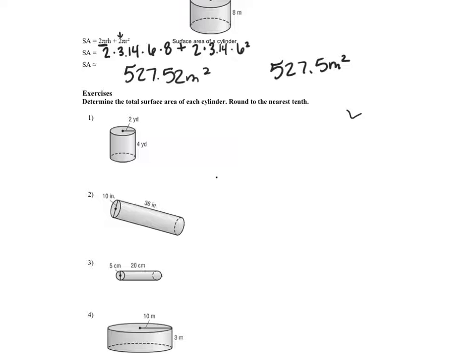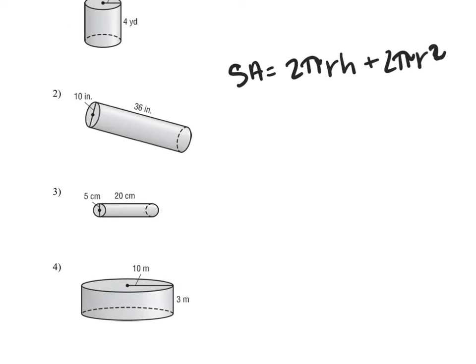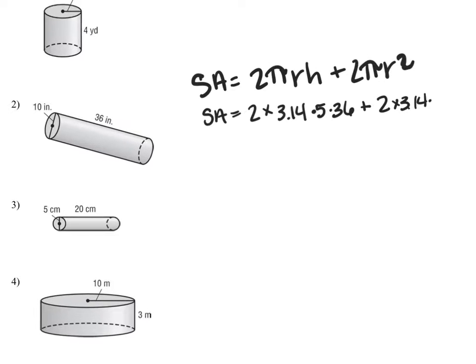I'm going to rewrite my formula down here so I can see it, and blow it up a little bit more for you. So my surface area is 2 times 3.14 times radius. My diameter is 10, so my radius is 5. My height is 36, plus 2 times 3.14 times 5 squared.